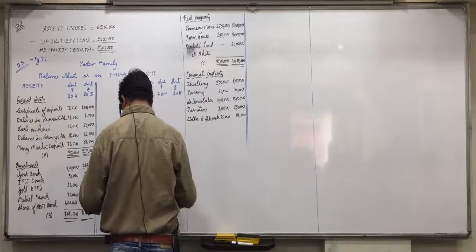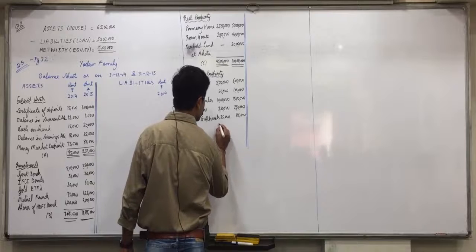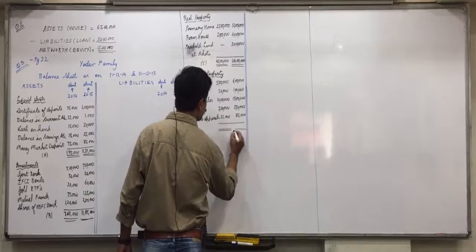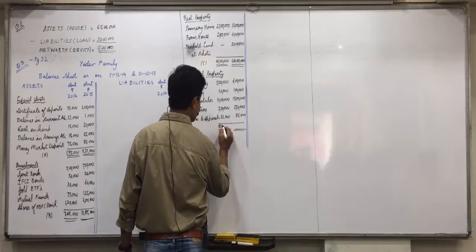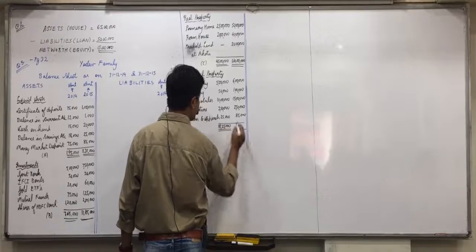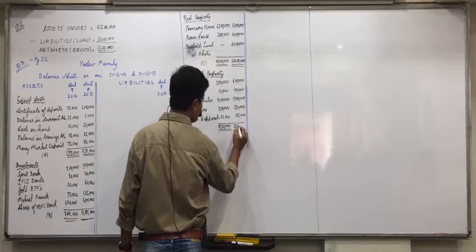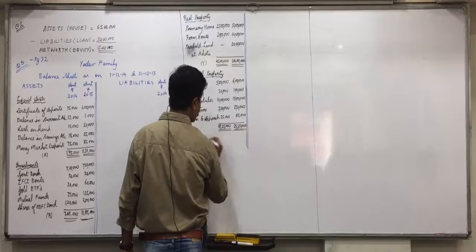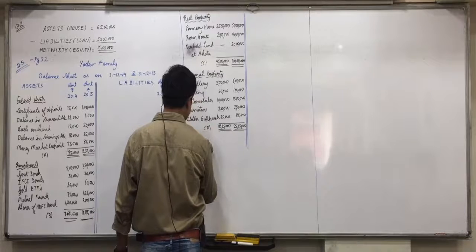No other personal properties. Yes. 18 lakhs 25,000 and 25 lakh 35,000 is D. And then total A plus B plus C plus D.